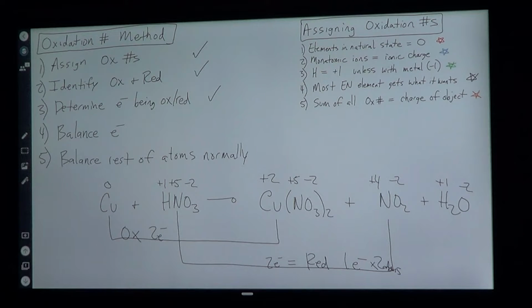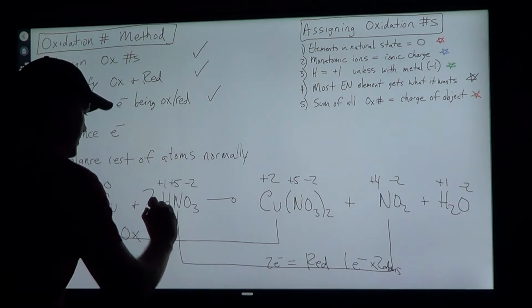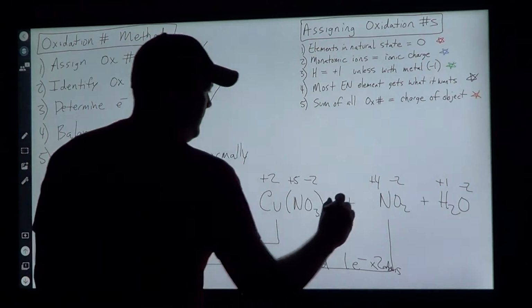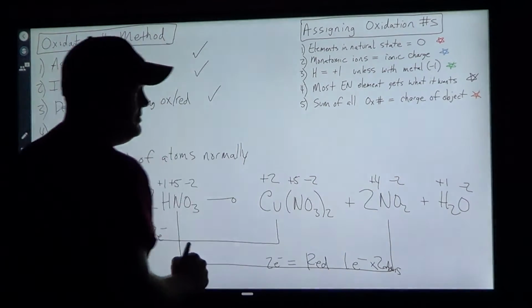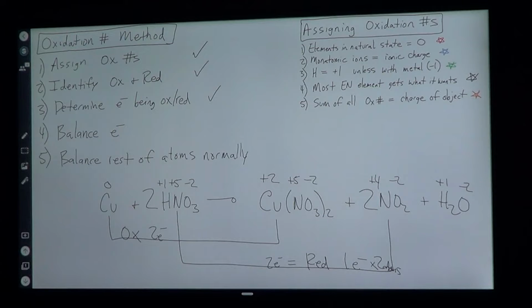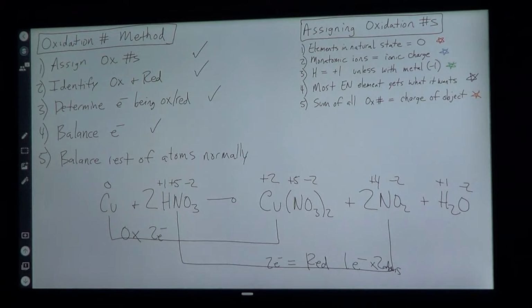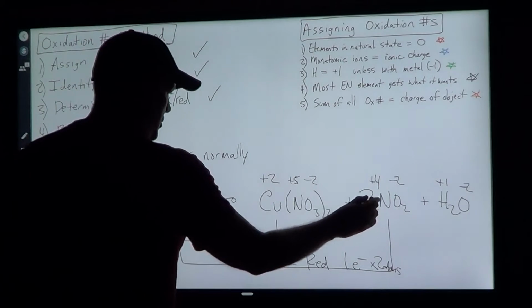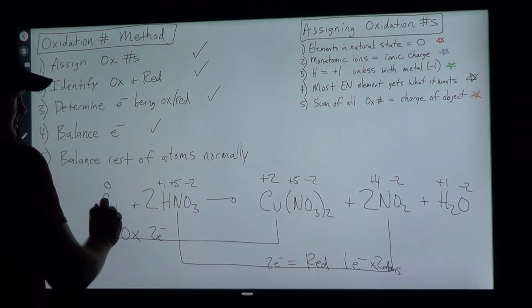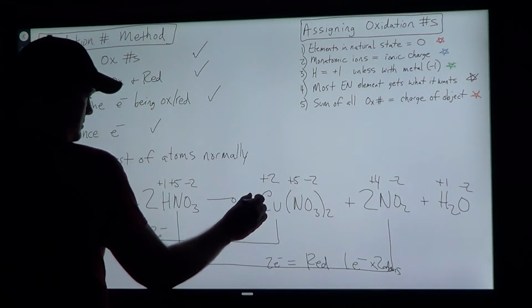And the way we can do that is if we put a 2 here and a 2 there. But now we have balanced our redox reaction. So no matter what, we have to have two of those, one of those, and one of those.